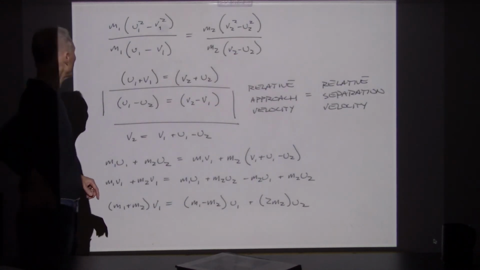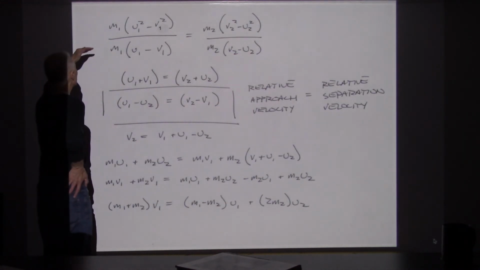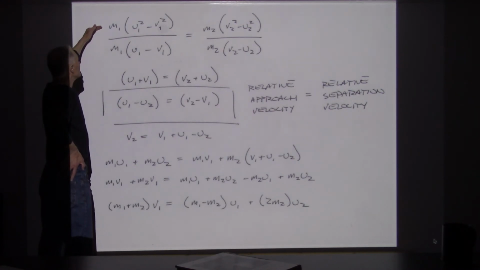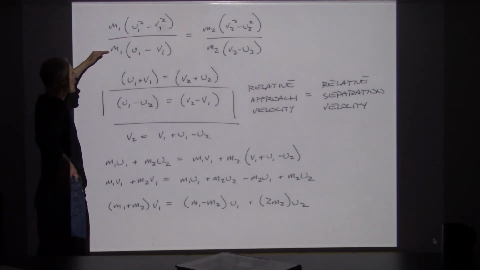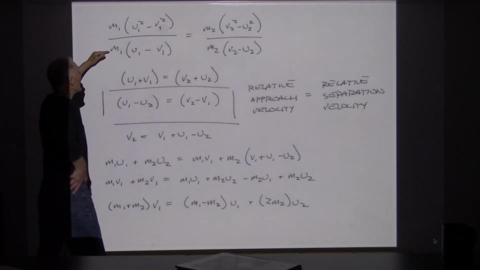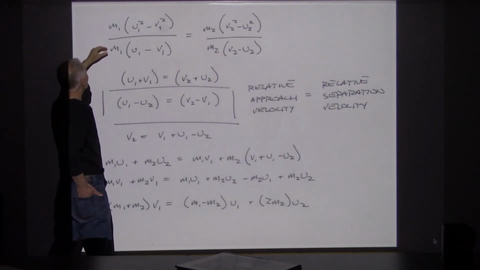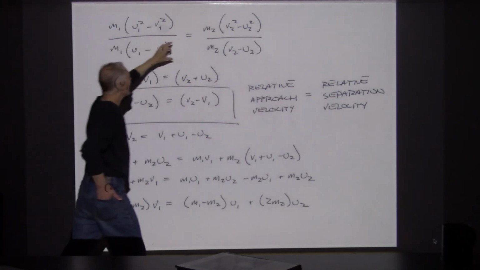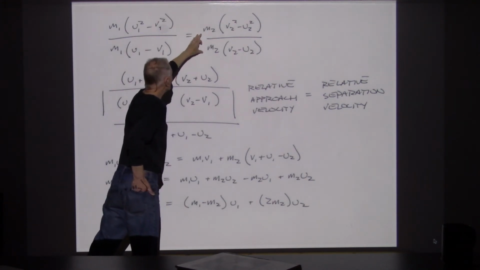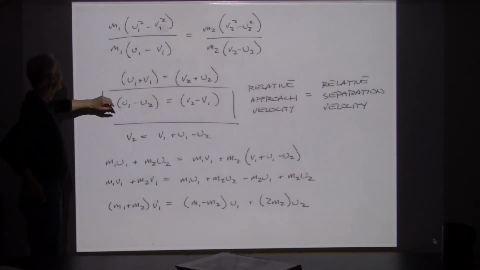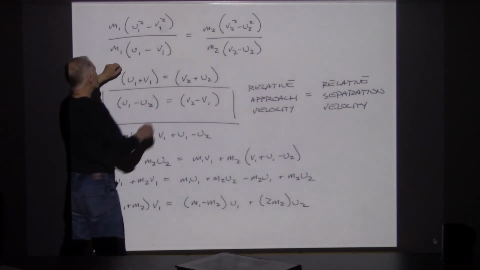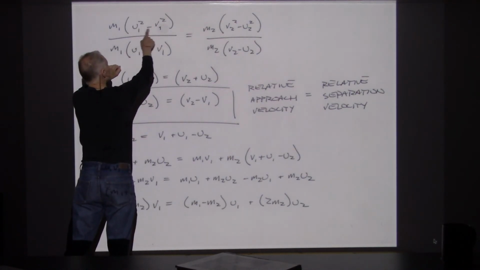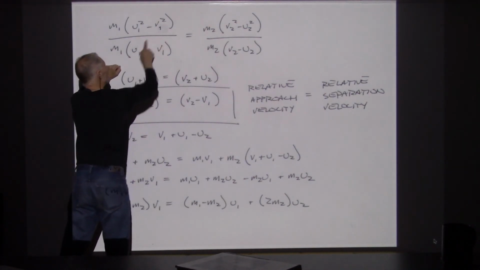So if you remember from the previous slide, the kinetic energies are on top, the momentum are down below, and what we can do then is the M1s cancel out and the M2s cancel out, and a couple of other things happen. This is the difference between two squares, right?